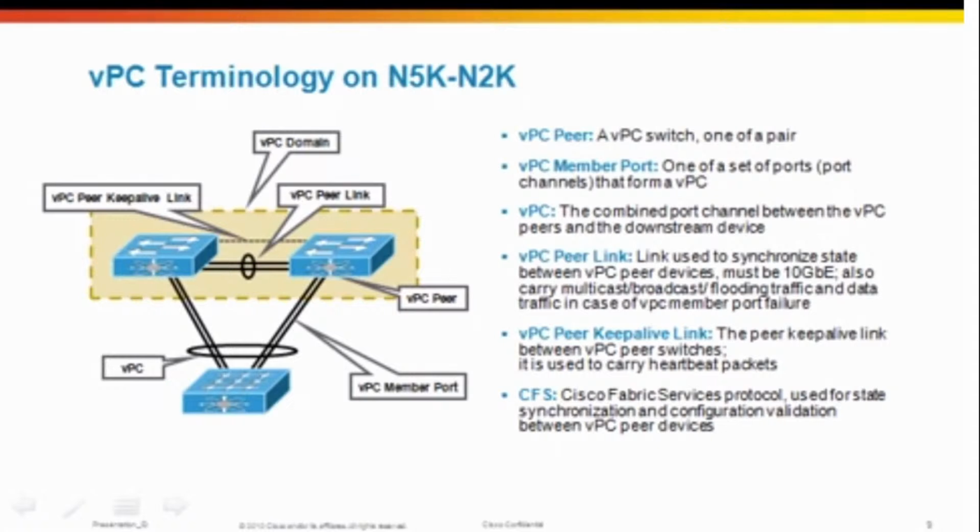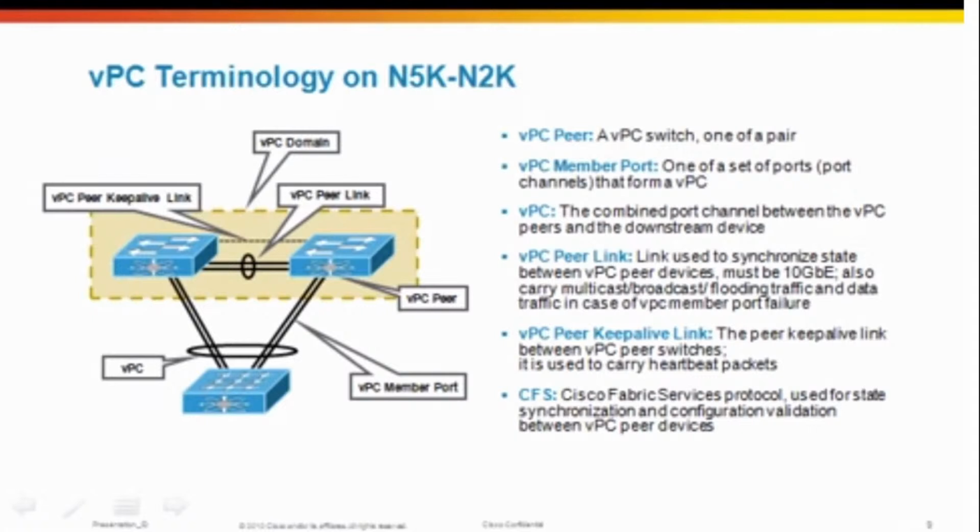A VPC peer is what we call a switch forming one of the pair. A VPC peer would be the other 5K in this scenario. A VPC member port is one of a set of ports that form a VPC. VPC, the virtual port channel, is the combined port channel between the VPC peers and the downstream device.